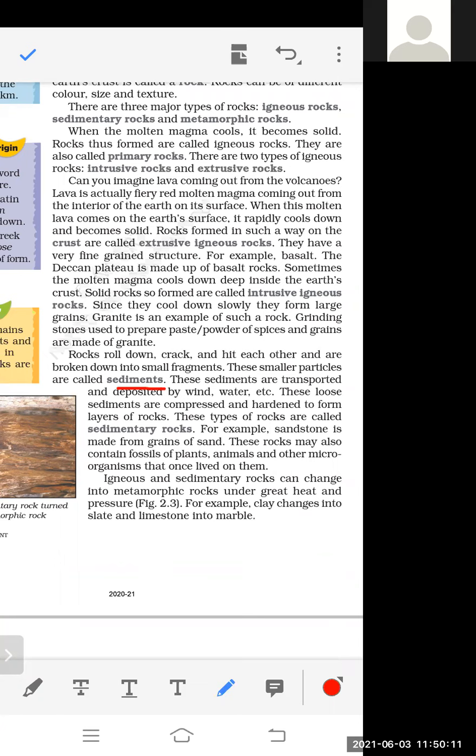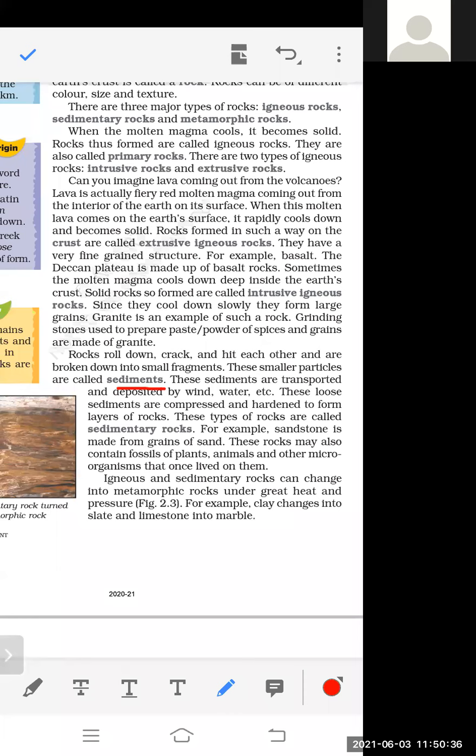What happens when rocks roll down, they begin to crack. When they hit each other, they convert into small particles. Moreover, when water flows over the rocks, it also breaks the rocks into different material. These small particles are known as sediments, right?